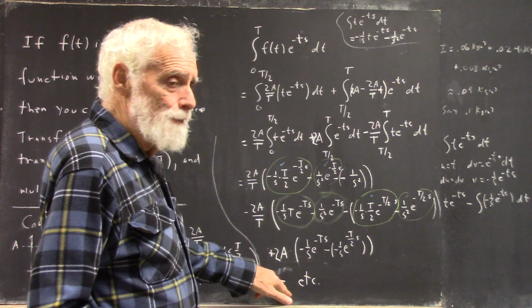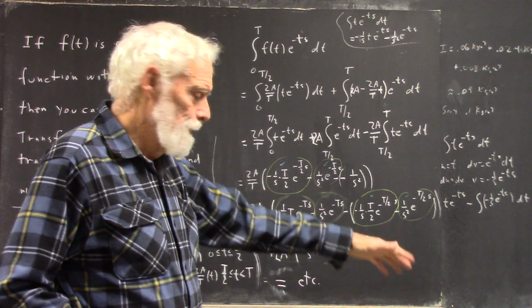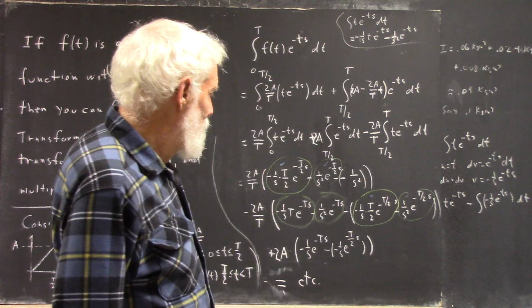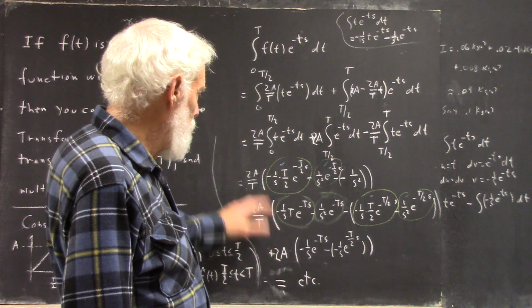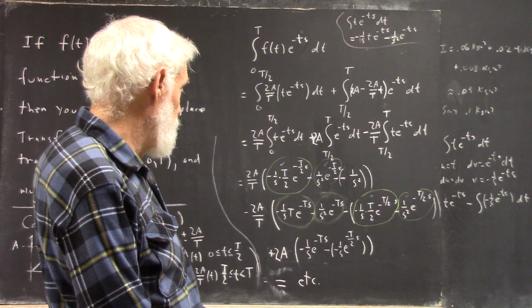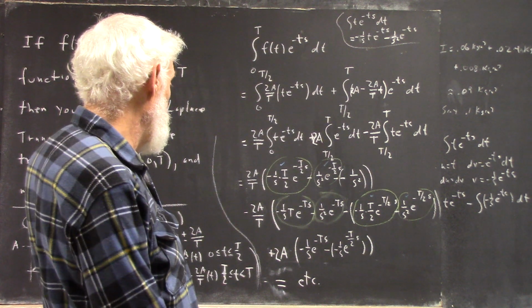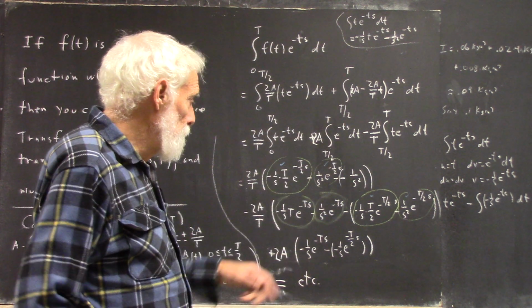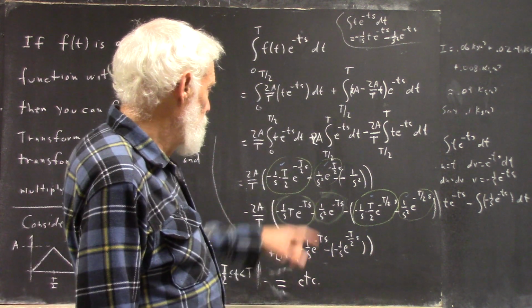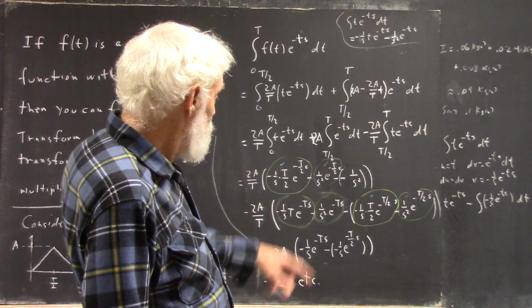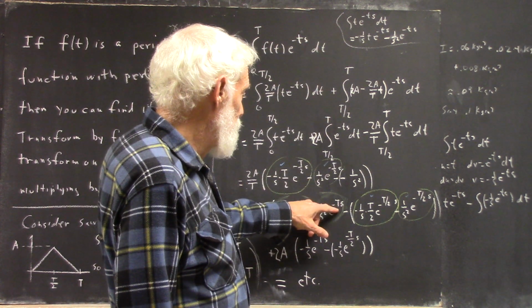And at the end, in class, I attempted to put this into some kind of coherent form. There are more coherent forms than what we have here, but there's none that's really going to be all that helpful. What I would do at this point is take these terms and group the ones with the 1 over s squared, especially the ones with the 1 over s squared e to the negative ts.